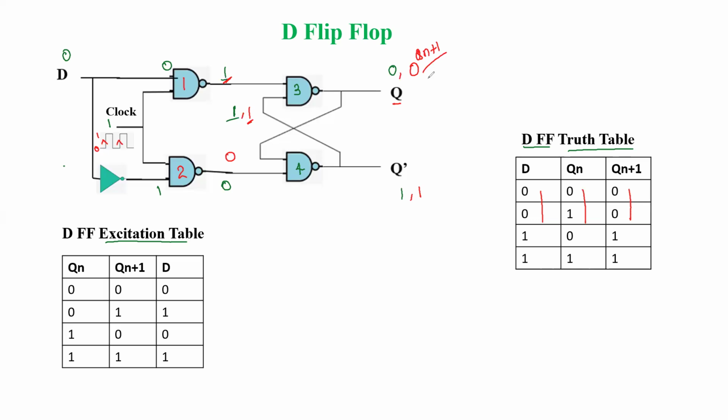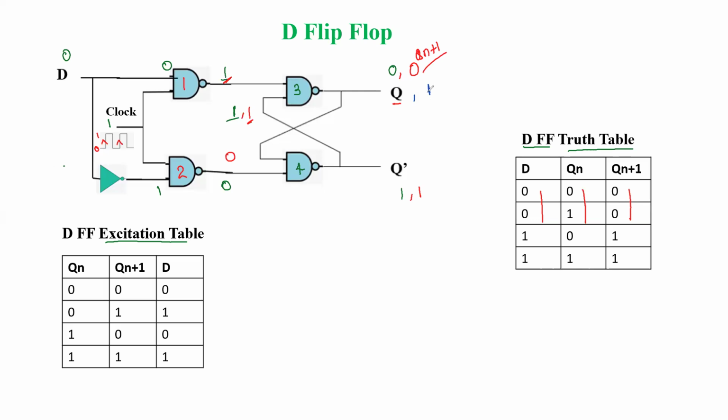Now suppose, for example, the present state is 1. In that condition, suppose Qn is 1. Now what is going to happen? In that case, again you have to see the combination of how it is going to change.